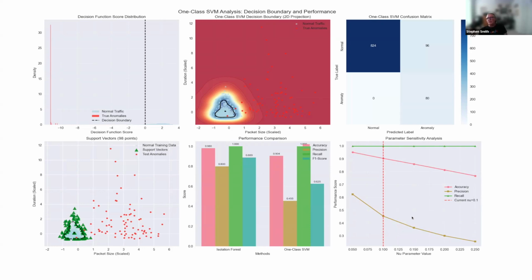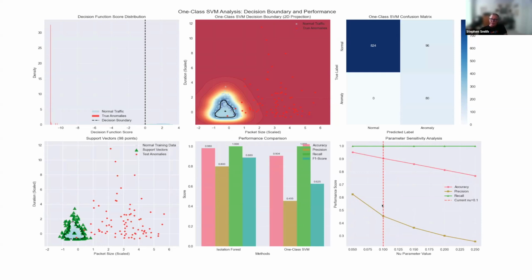We'll talk about this further as we go, we're going to talk about NU, right? This is basically you're telling the algorithm what percentage of it that you expect to be anomalous. And the way that you tune this, we'll talk about this again too, is the elbow, right?